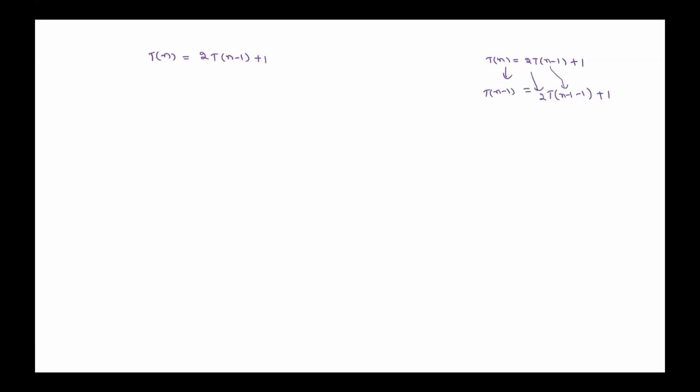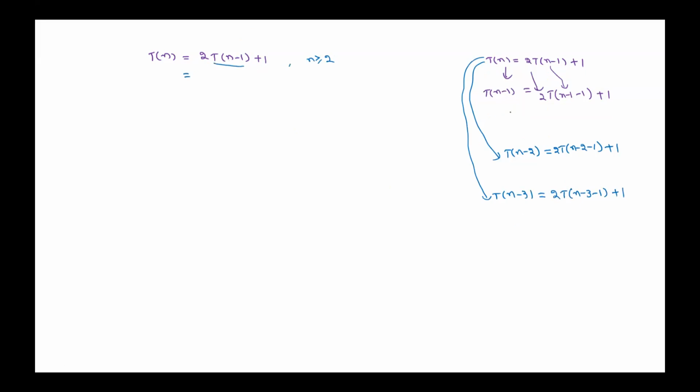Similarly, what is T of n minus 2? Wherever n is there, n minus 2. It is 2 times T of n minus 3 plus 1. We keep doing like this. Now we don't know what is the value of this.